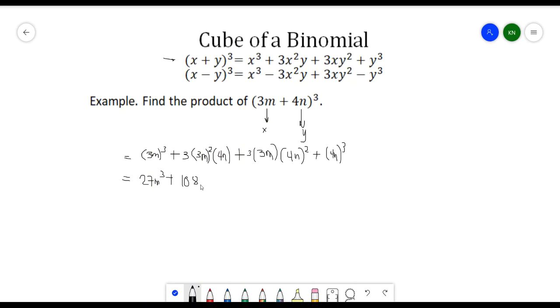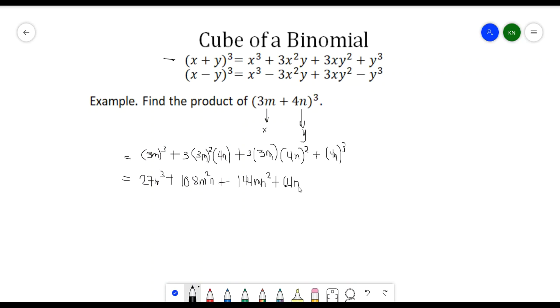Then we have the m squared and our n. Now for the other term, we have 4 squared, that is 16, multiplied by 3, that is 48, multiplied by 3 again, that is equivalent to 144. Then we have our m and our n squared, plus the cube of our 4, which is equivalent to 64n cubed.